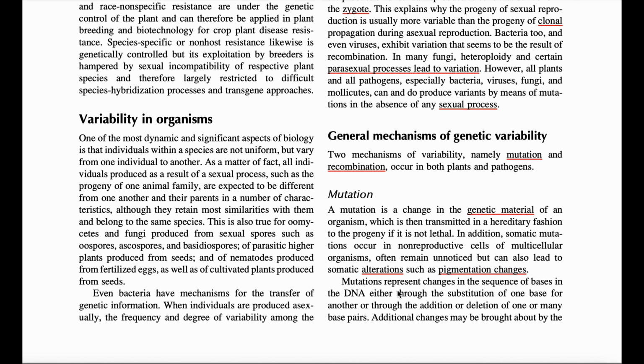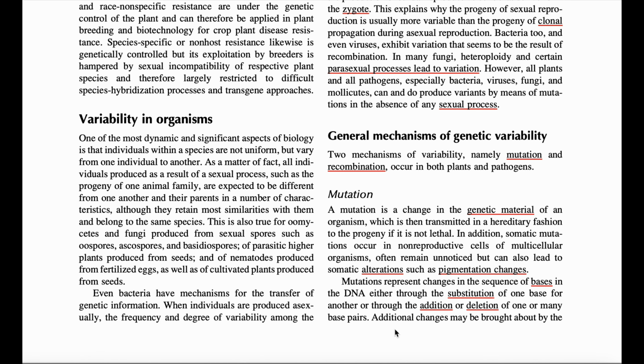Now, mutation represents changes in the sequence of bases. What are bases? Some time ago we discussed bases, meaning A, T, G, C: adenine, guanine, cytosine, thymine, right? So there will be some alterations in the bases in the DNA, either through substitution of one base for another, or through addition or deletion of one or many base pairs.